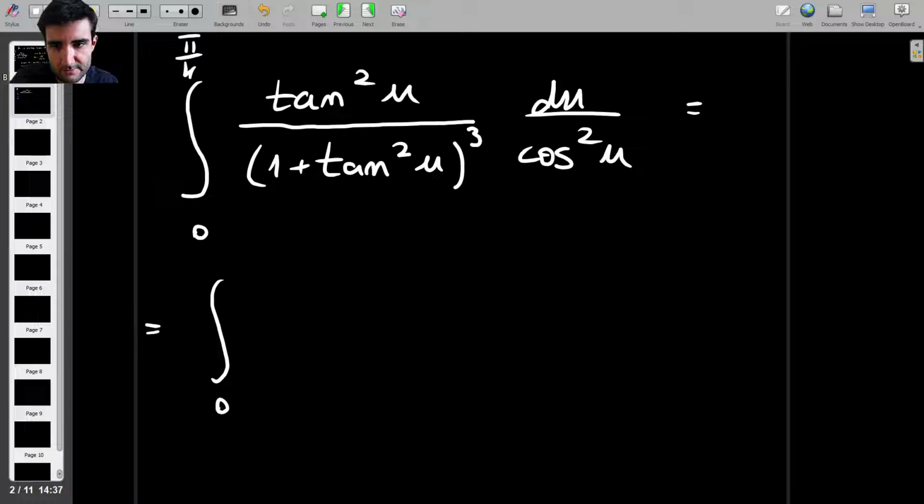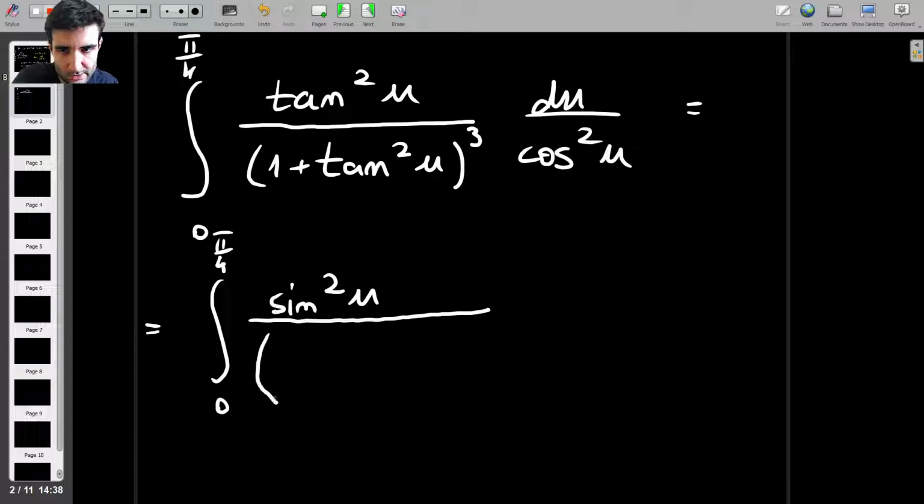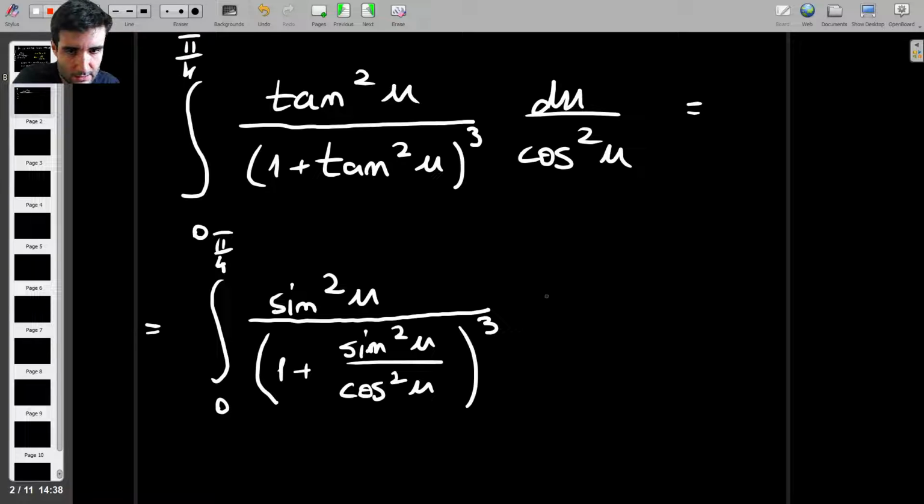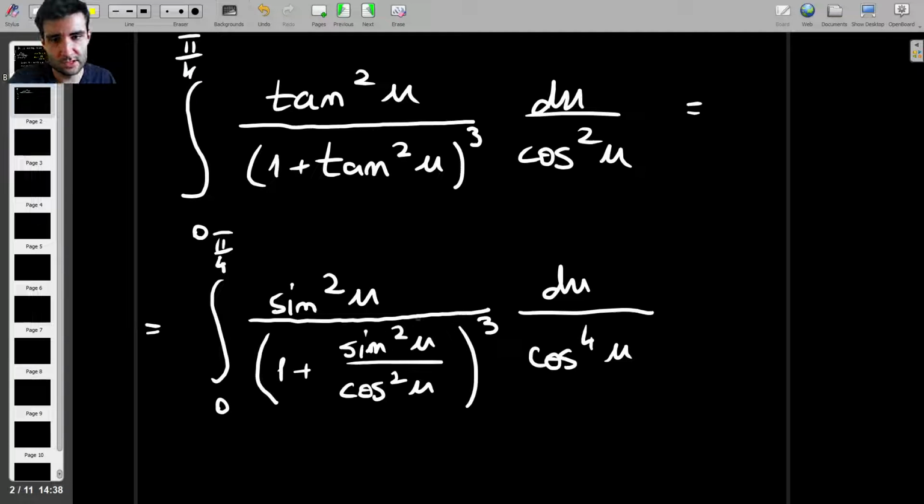So we have the integral from 0 to pi over 4 of sine squared of u over 1 plus sine squared u over cosine squared of u, everything cubed, and this is du over cosine to the power 4 of u, because we took the cosine squared from tan and combined it with the cosine squared from here.